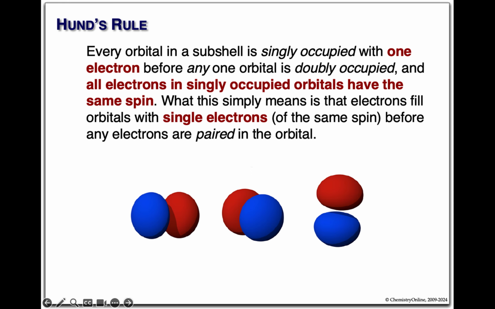Then you go back and you fill them now with opposite spins. Now, I am not going to ask you about spins on exams, but if you go on to general chemistry, they'll talk about it forever. So I want you to at least see the concept so you know something about how they fill.